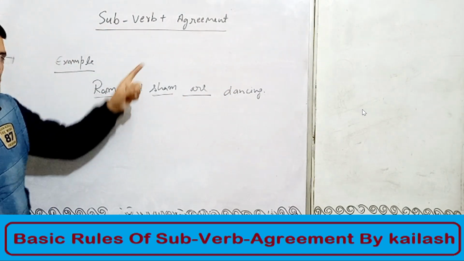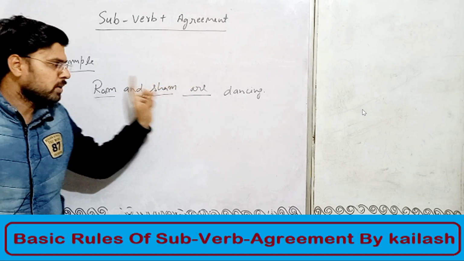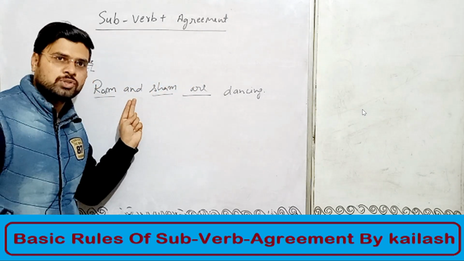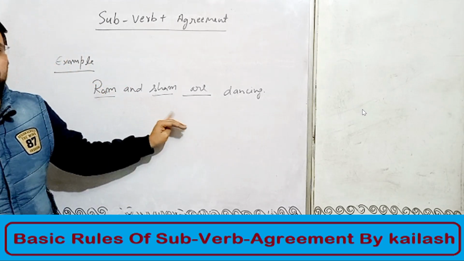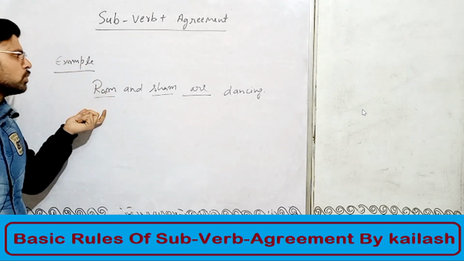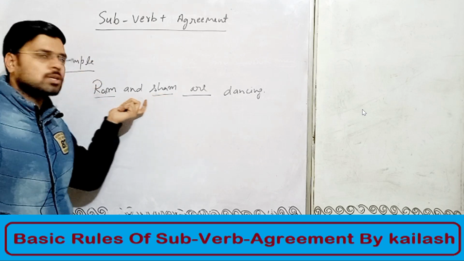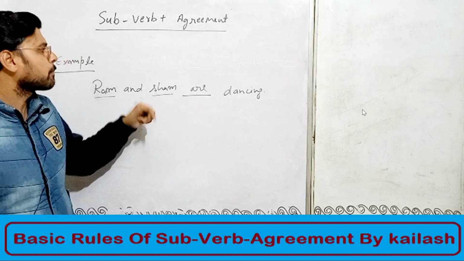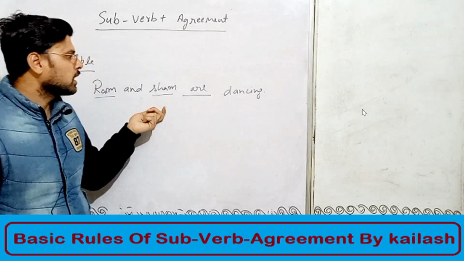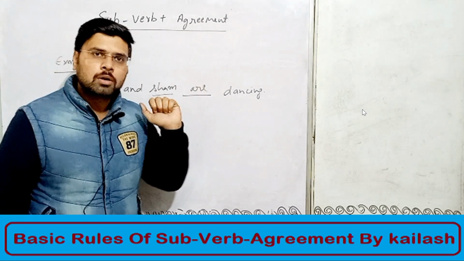Okay, in the previous example, what we have discussed, two nouns are joined by and they are discussing the same thing, then we are using a singular verb. But in this rule, if two nouns are joined by and they are discussing different things or they are representing different persons, then we are using the plural verb.